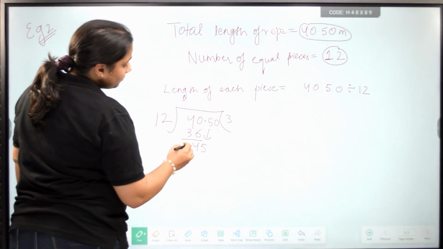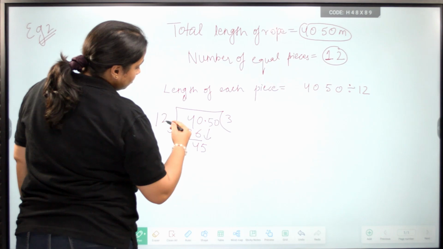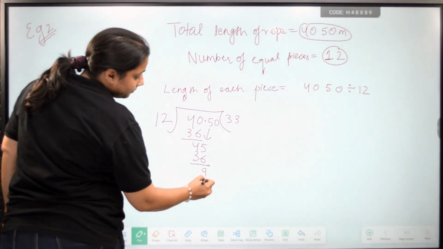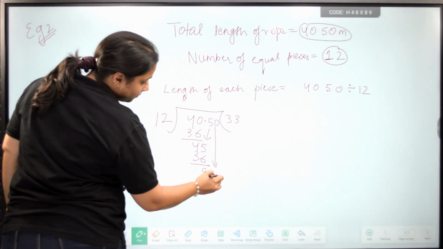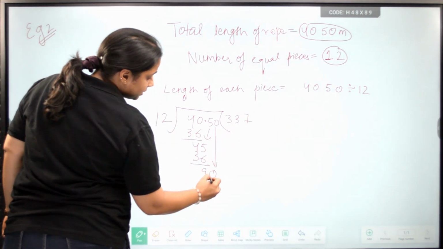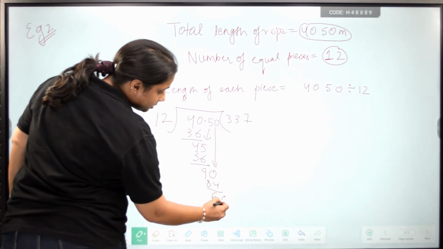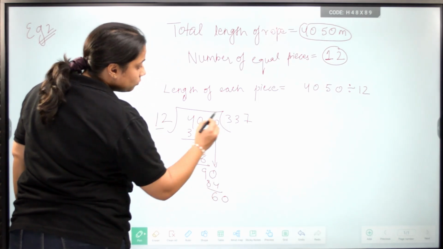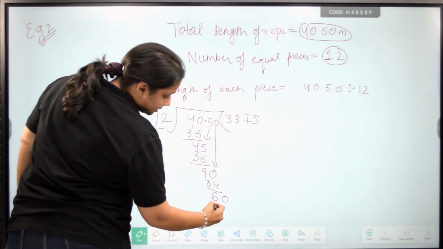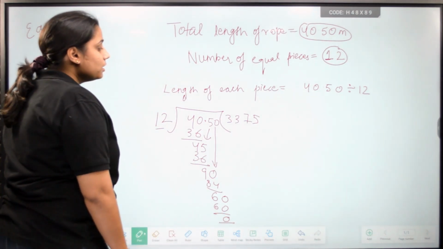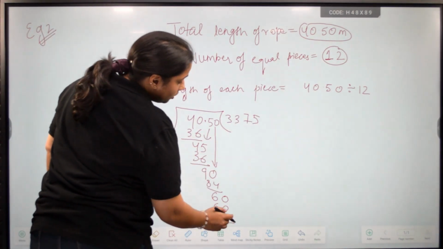Bring this 5. 12 into 3 is again 36. It will be 9. Bring the 0. 12 into 7 is 84. We will be left with 6. Adding 1 0 here, and 12 into 5 is 60. So we are left with 0 remainder.